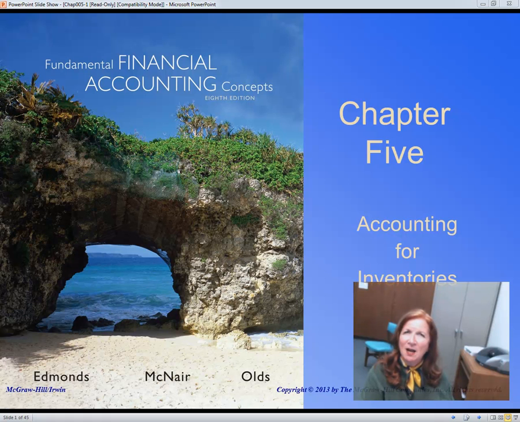Now on page 268 and 269, it gives you an introduction to inventory. It gives you this lovely picture of all this colorful vegetables in Safeway, and then talks to you about what inventory means to a business. On page 270 to 278, 9 pages, the authors talk to you about accounting for an inventory.